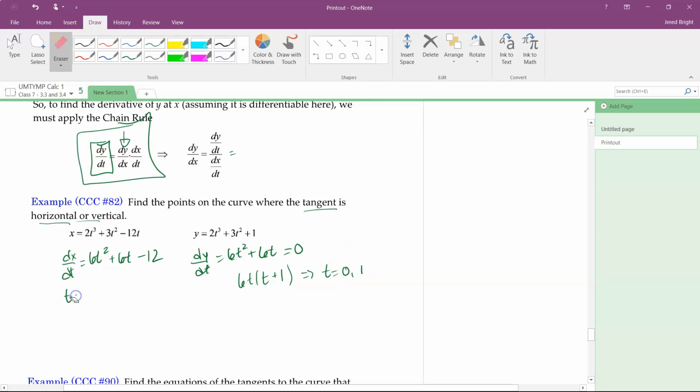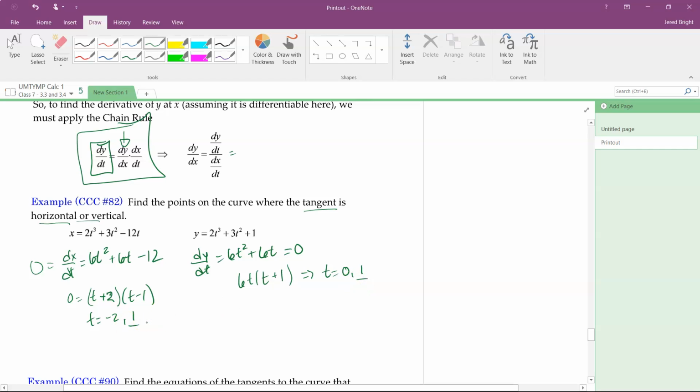For vertical ones, I would need to set dx/dt to 0. Divide by 6 to everything, and then factor, I believe you get (t plus 2) and then (t minus 1). So then solving, t is equal to negative 2 and 1, which is kind of interesting.